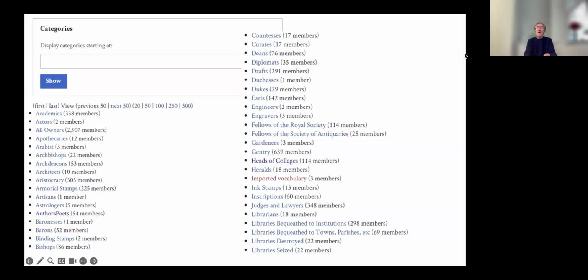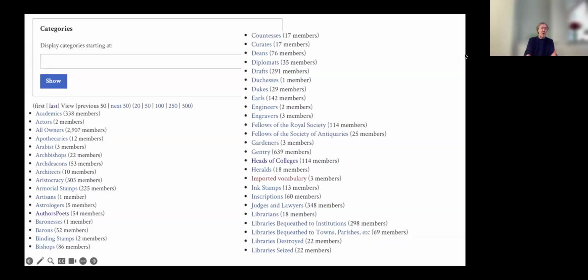So you can easily find out how many gardeners there are in the database, how many businessmen, how many judges and lawyers, how many libraries were sold at auction, how many libraries were sold by fixed price sale, etc., etc. So there is this structure of categories to facilitate that sort of interrogation, but obviously you can search the database on a keyword basis and discover stuff that way.